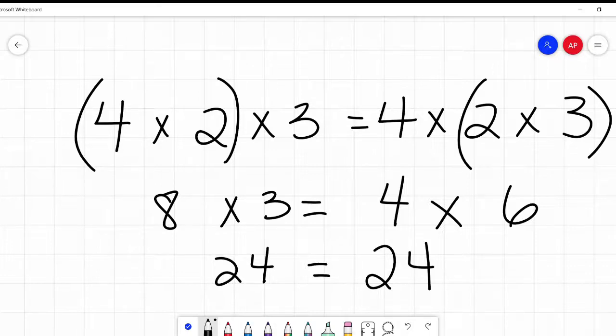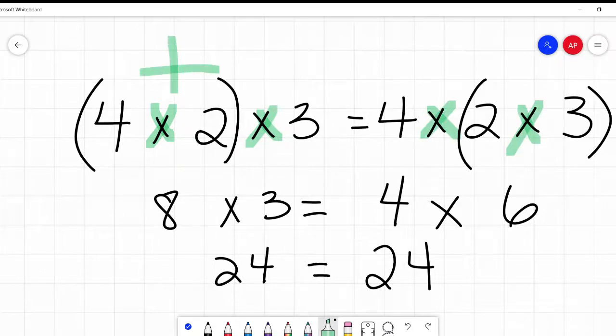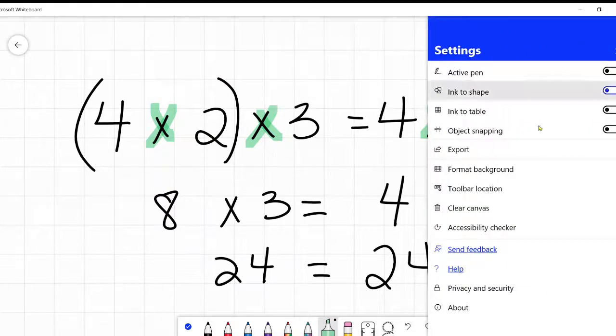That's the connection there to help you remember that. No matter what I do, I still get the same result. Okay, now this is the associative property of multiplication. This only works, this is important, if all the things are being multiplied. You can't throw a plus sign in here and say it still works because it doesn't. All right, so that's our basic rule.